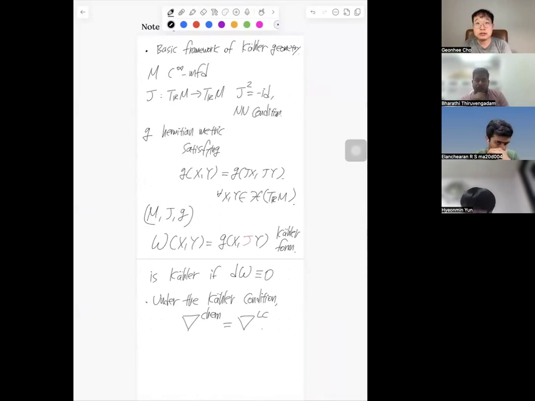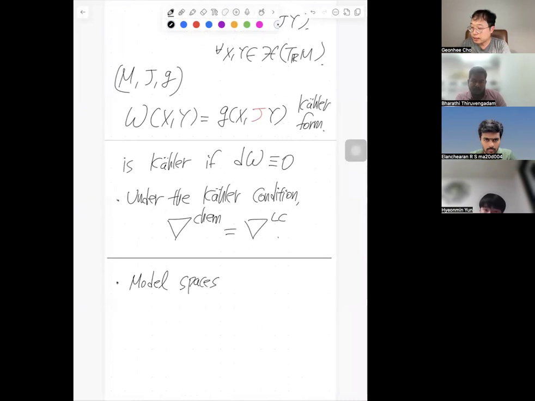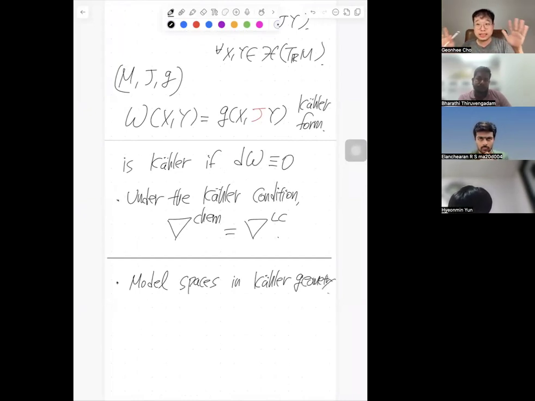And I'd like to think about the classes of complex manifolds today. With this framework, we need to talk about the model spaces in Kähler geometry, to classify the classes of each complex manifold, including bounded domains, pseudoconvex domains, Stein-type manifolds and so on.